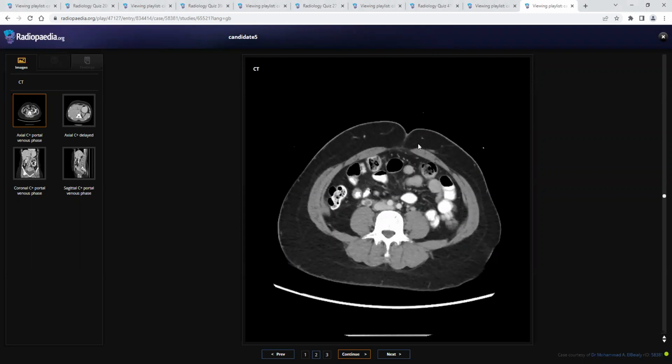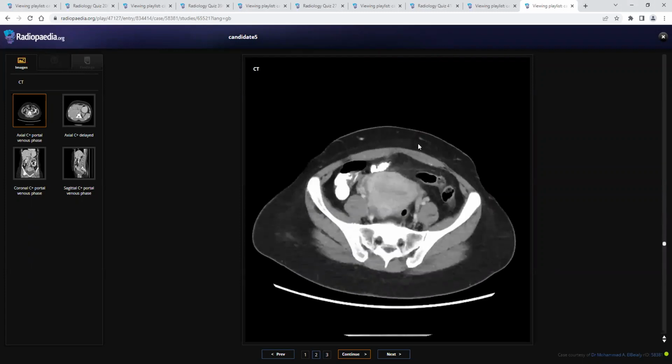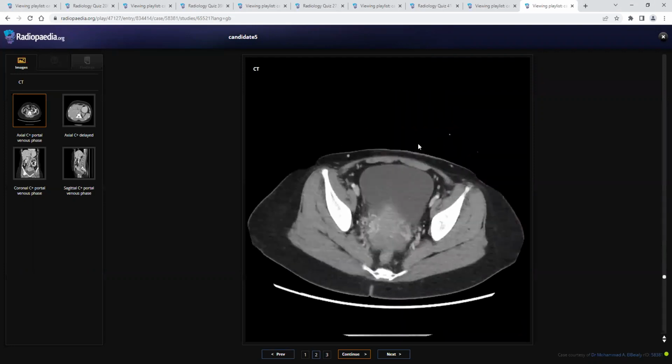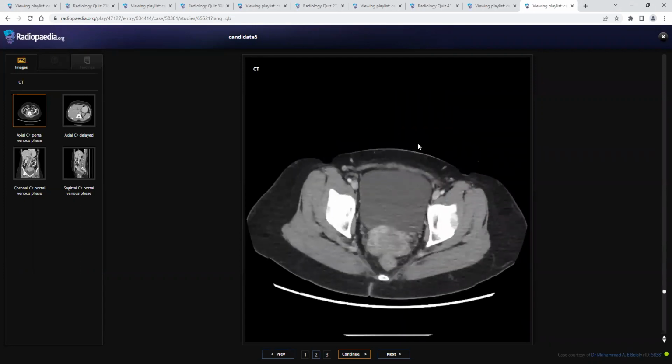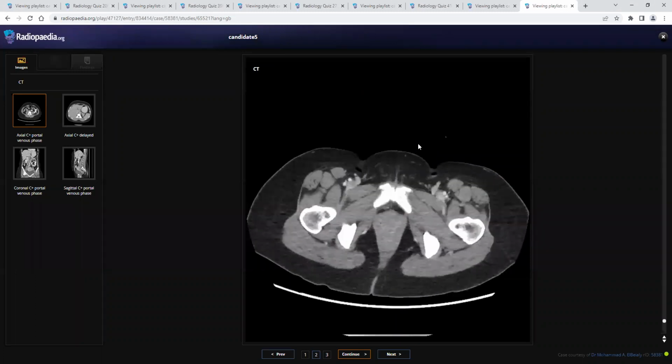Okay, so I have been provided with CT scan axial performed with oral contrast of an adult female who has presented with abdominal pain and there is suspicion of appendicitis versus pelvic inflammatory disease.